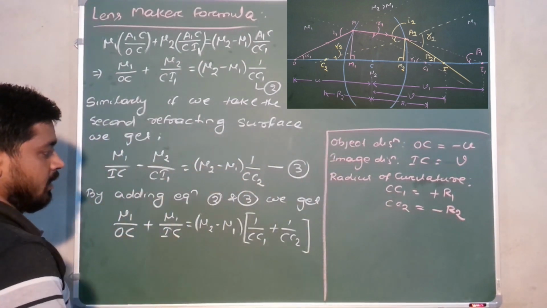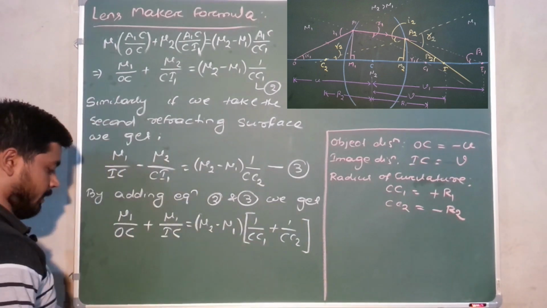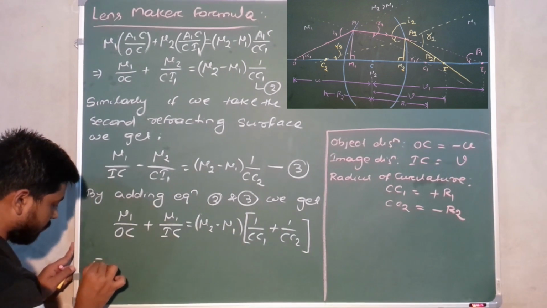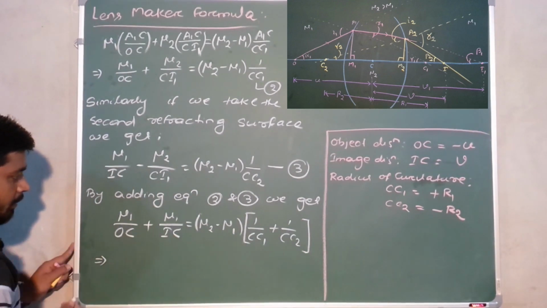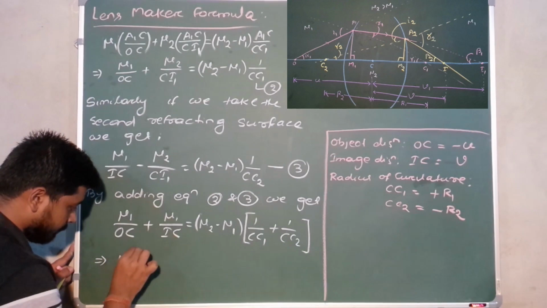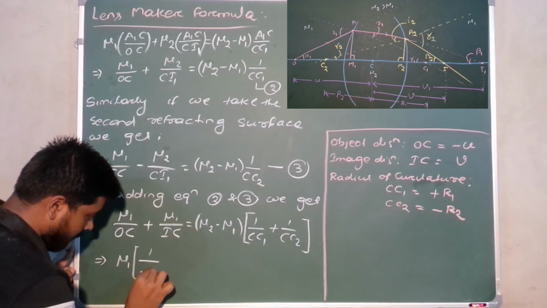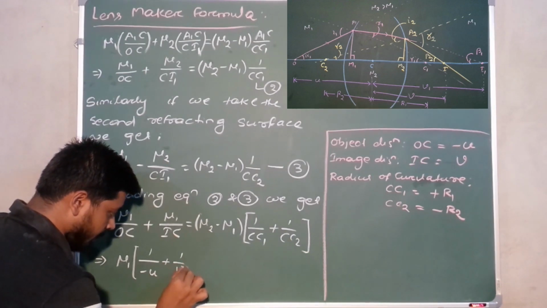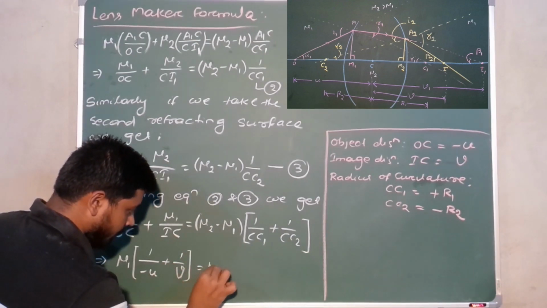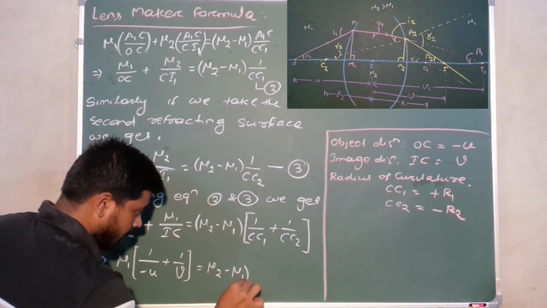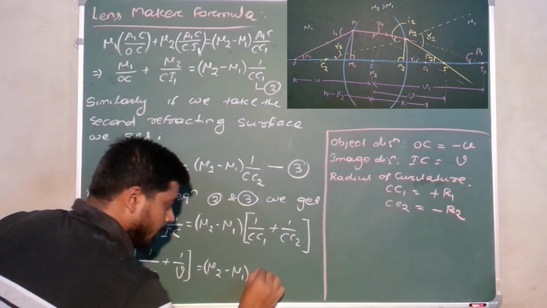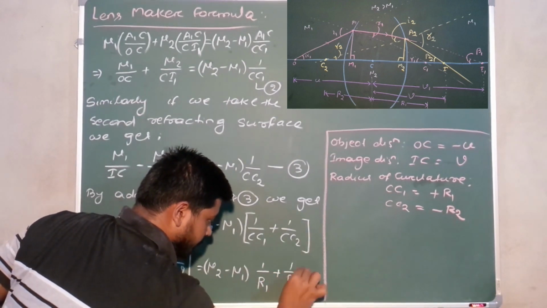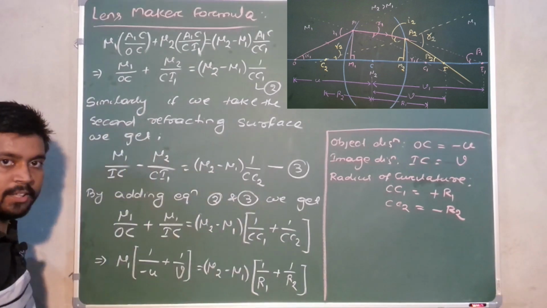Just put these values here. What I got? Just see. Take mu1 common. 1 by minus u, yes or no, plus 1 by v equal to mu2 minus mu1 into 1 by R1 plus 1 by R2. Yes or no?